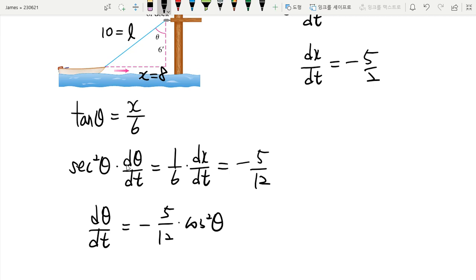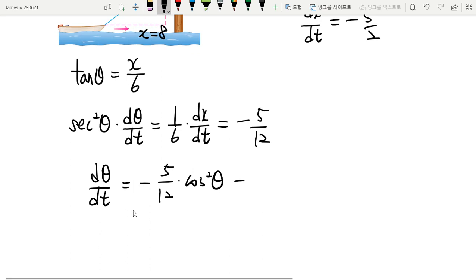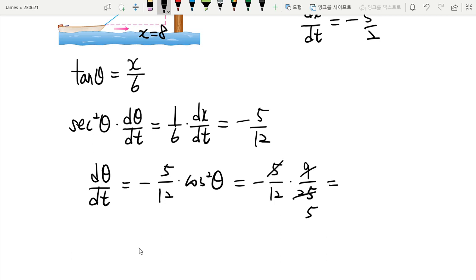And cosine theta in this triangle is 6 over 10, 3 over 5. When it's squared, 3 over 5 becomes 9 over 25. So the angle is decreasing, 3 over 20 radian per second.